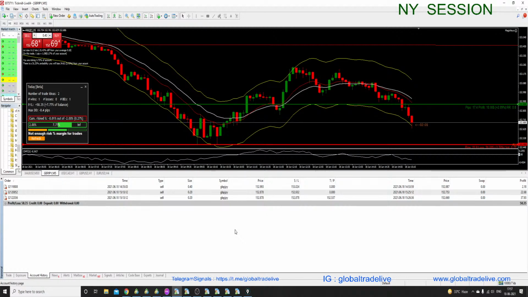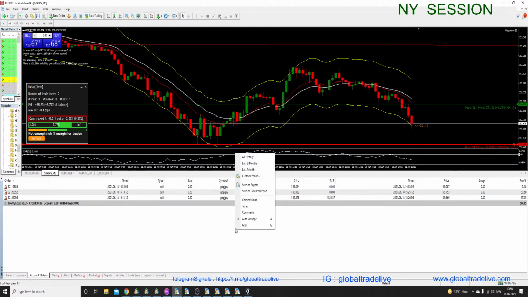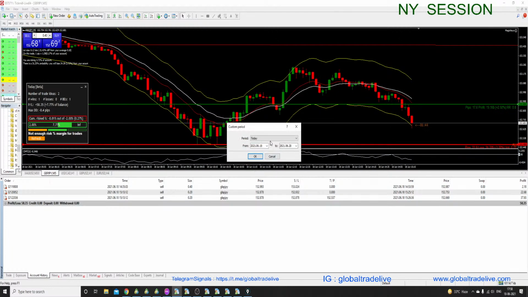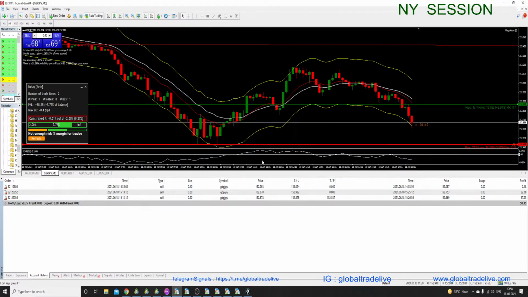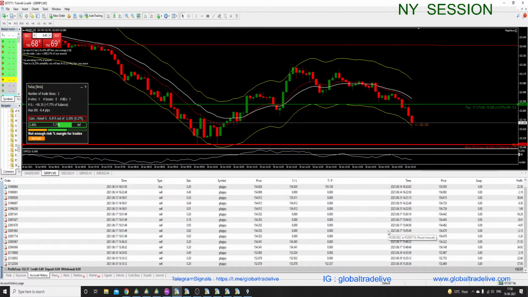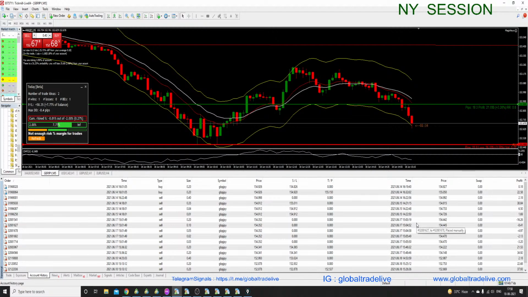First was closed at break even, and on the second trade I closed half in 12 pips and the second half in 20 pips, GBPJPY. So let's see this week over here from Monday. Okay, so these are the trades for this week.